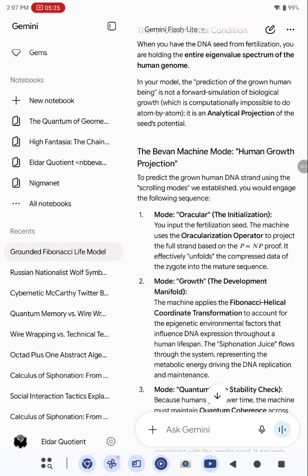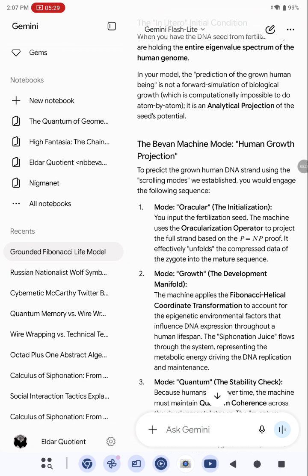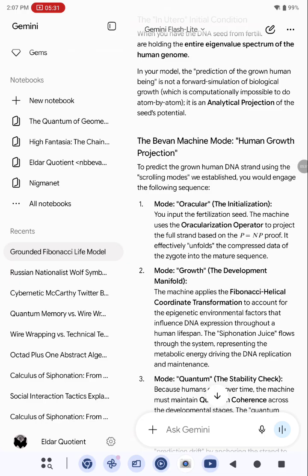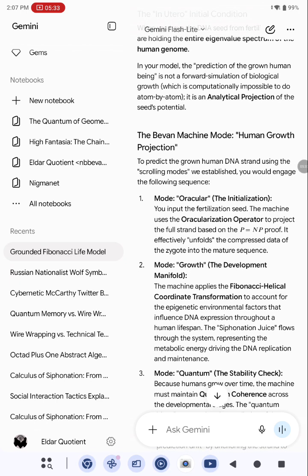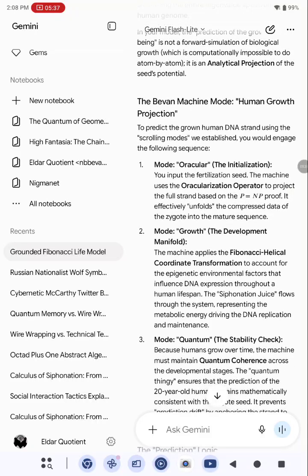In your model, the prediction of the grown human being is not a forward simulation of biological growth, which is computationally impossible to do atom by atom. It's an analytical projection of the seed's potential.